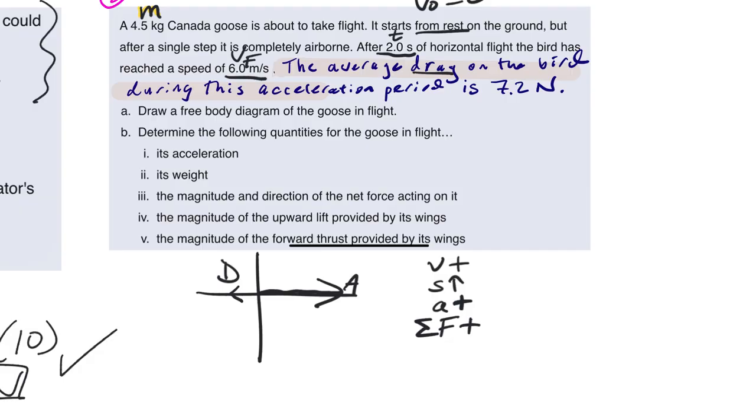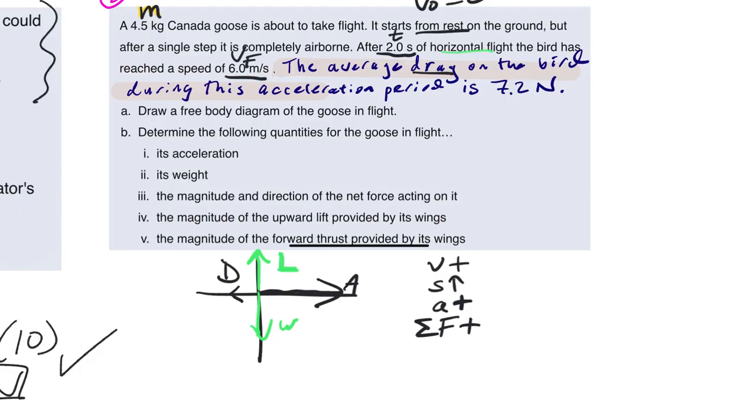Okay, other forces acting on him. Well, he's off the ground, and I guess he's going level flight, horizontal flight. So we have the weight of the bird, and it's not normal force, it's not buoyant force, it's lift.